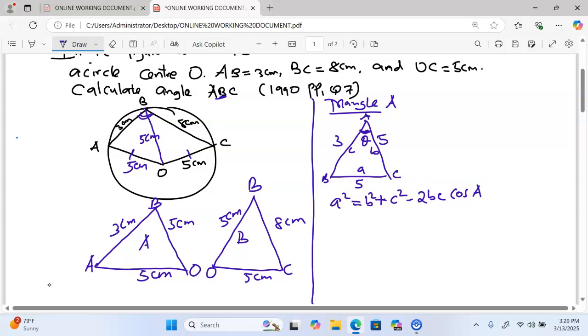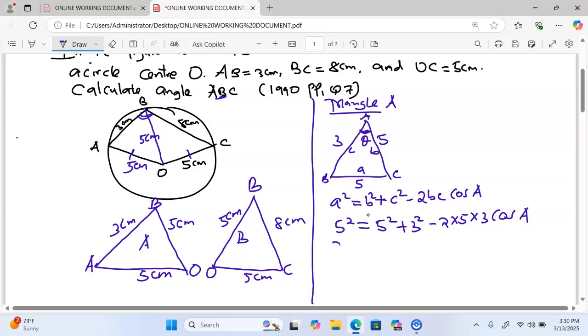From there we know A is 5 squared, being equal to B squared, and our B squared is 5 squared plus 3 squared minus twice times 5 times 3, then cos A. We proceed.